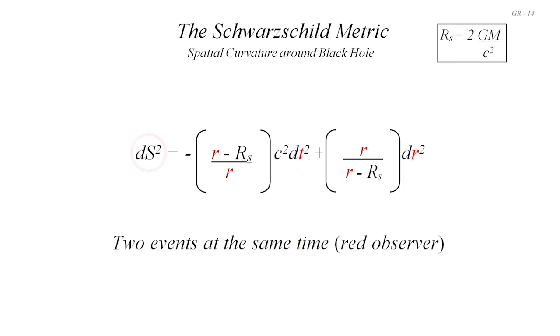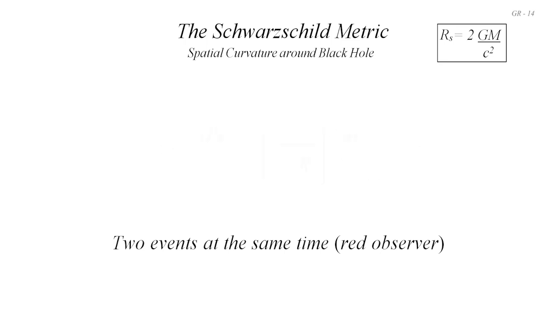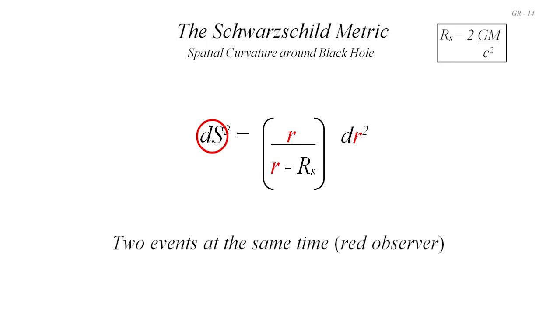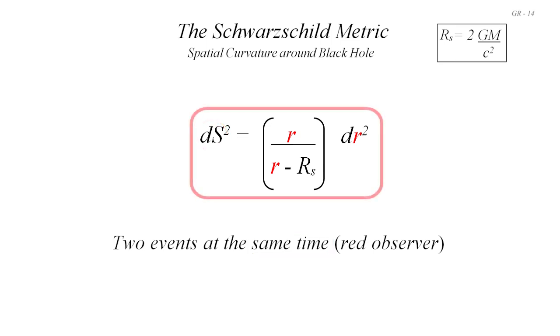The expression for the space-time interval squared reduces to something which describes not so much the space-time interval, but the space interval. It describes the distance ds between two events that happen at the same time, as measured by the outside observer. Taking the square root of this expression gives us ds.